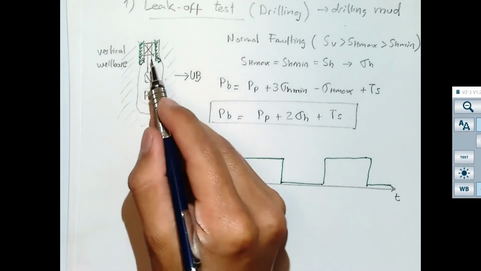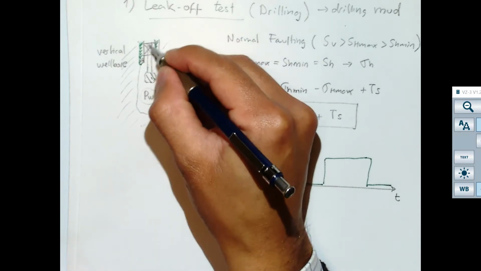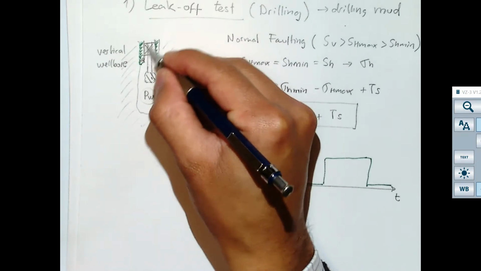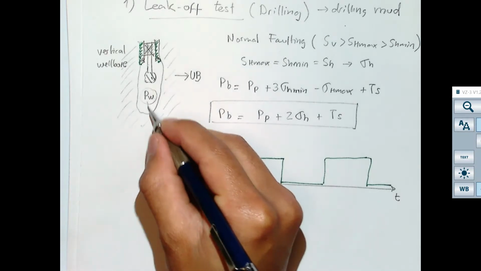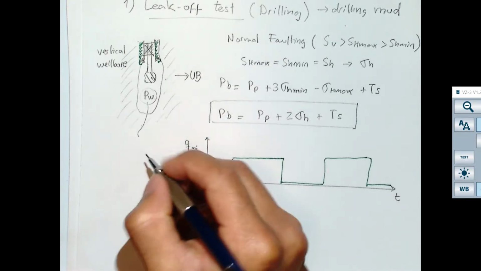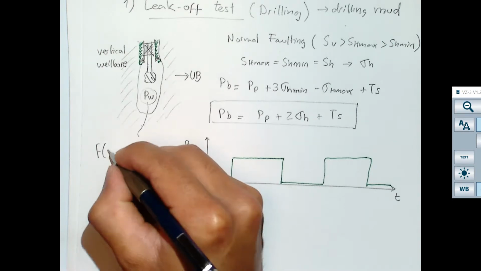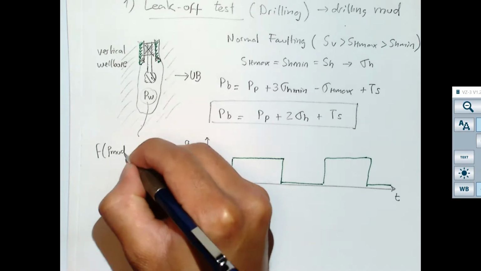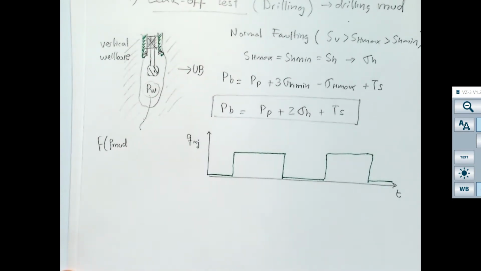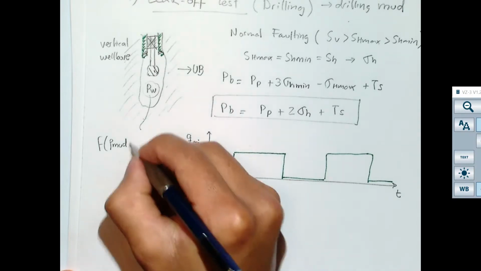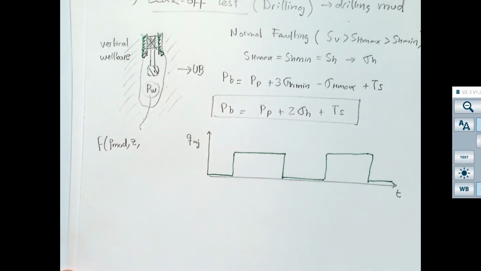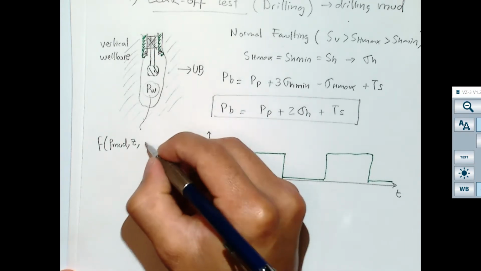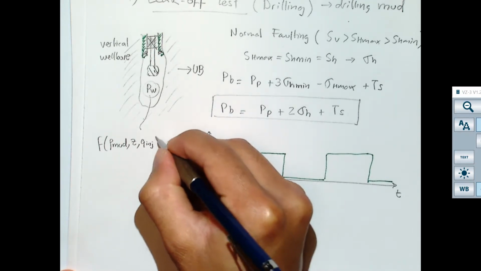Notice that now we have put some packers in here so that this is a closed volume, and the pressure in the wellbore is not going to be only a function of the density of the mud. Probably that's going to be the initial value, but it's also of course going to be a function of the depth, but also it's going to be now a function of the injection rate.